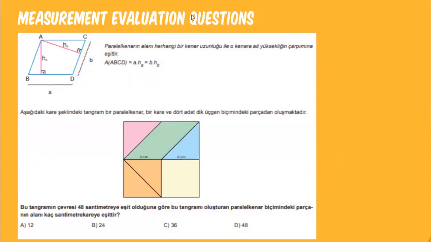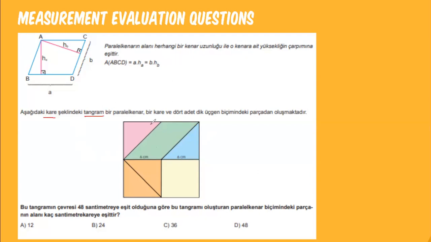Now we can look at our measurement evolution question. Let's solve it. Again, firstly, you should try to understand this question. Then we can solve. Okay. In this question, there is a tangram and it is a square. Be careful.